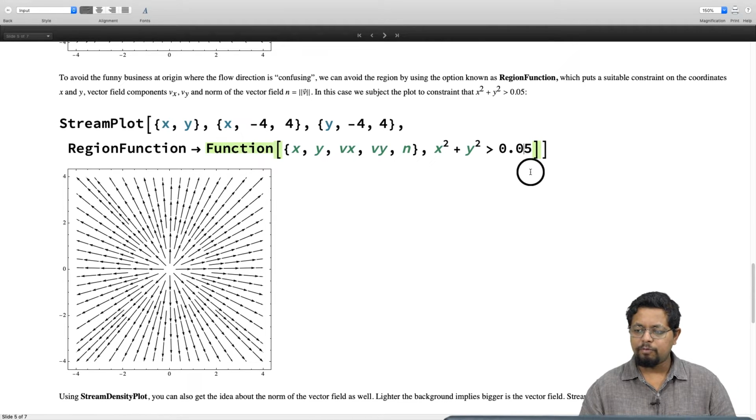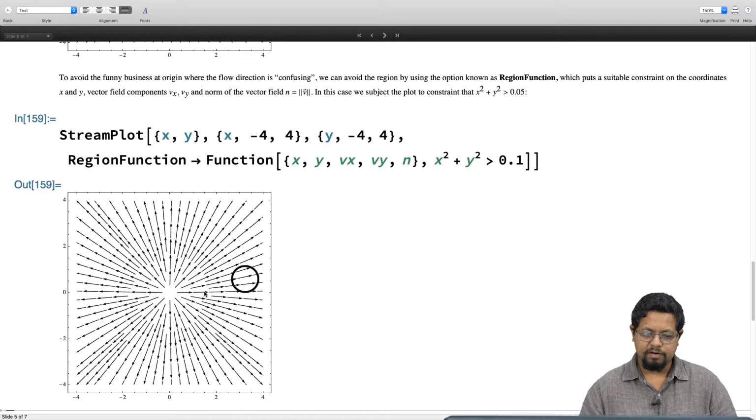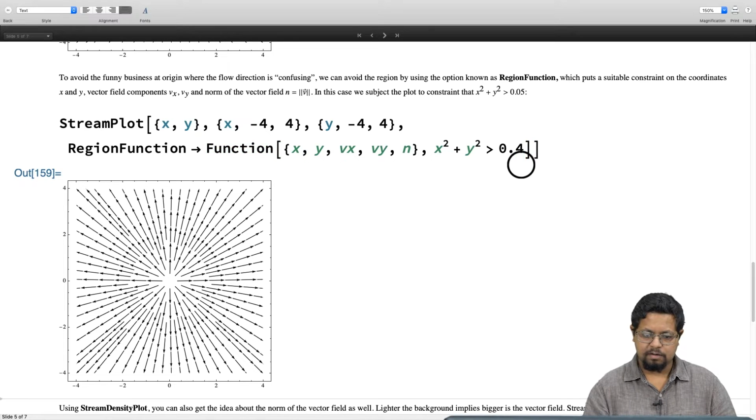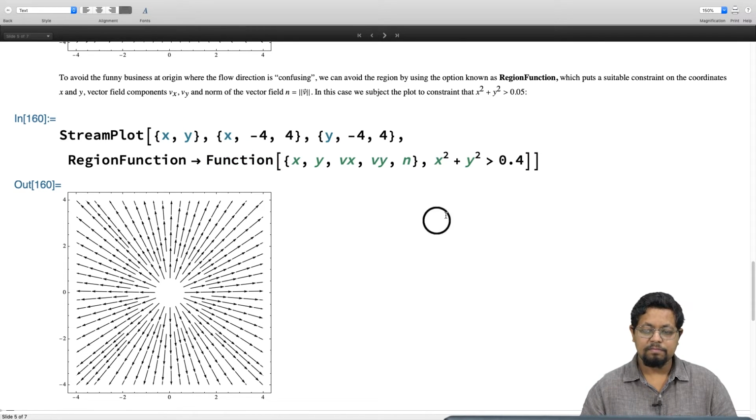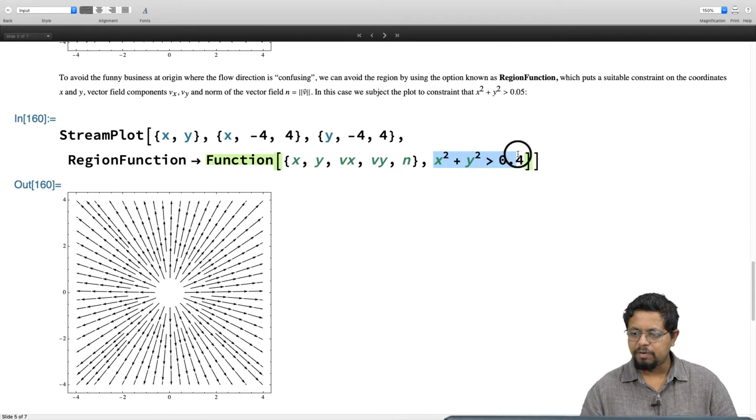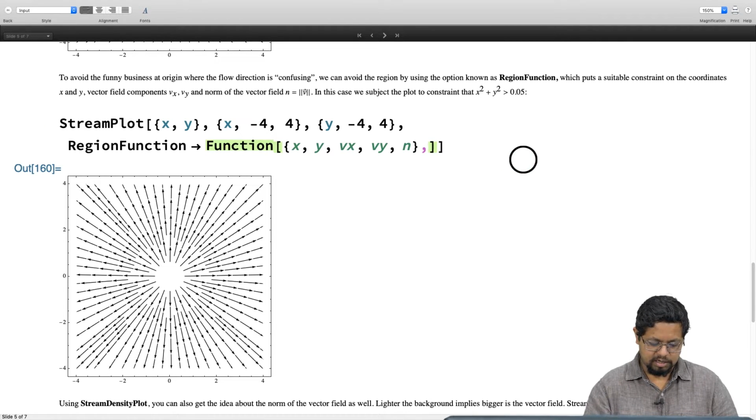Okay, we can go ahead and play around with this, and we can make this 0.1, which will make this region bigger, and we can make it slightly bigger, maybe 0.4. We can also do something else, depending on your need, but just to play around with it, I want to demonstrate that we can also say that n is greater than some number like 0.1.